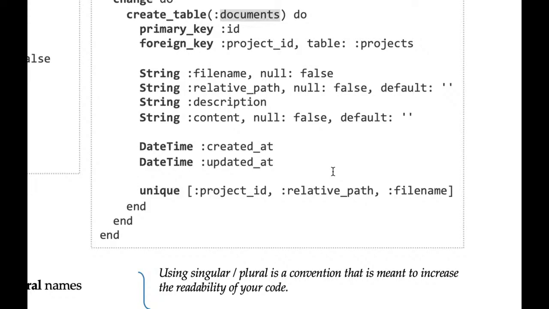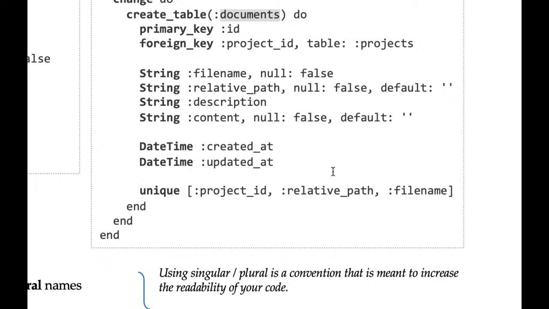Also, I'm going to tell the SQLite database that I have a unique constraint: in this table documents, you cannot have two rows with the same combination of project ID, relative path, and file name. There can be two documents that belong to the same project, so they will have the same project ID, but they cannot have the same path and file name, because then it's the same document you're talking about. So you can define constraints like this.